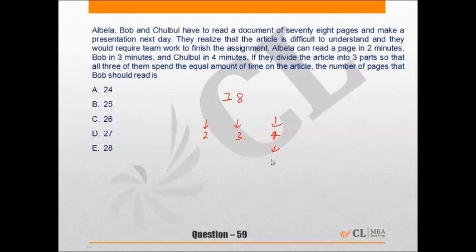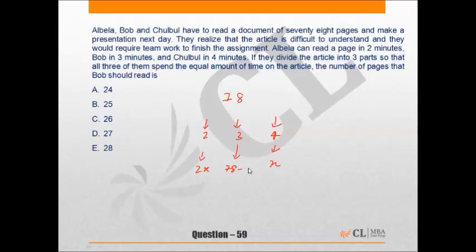If Chulbul reads x pages in a given time, then in the same time Albela will read 2x pages, as he is twice as fast as Chulbul, and the remaining number of pages will be read by Bob.